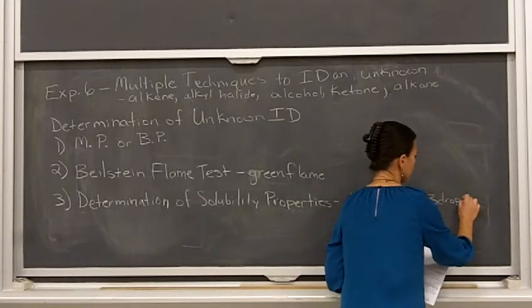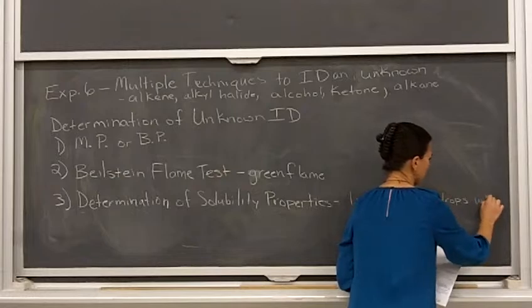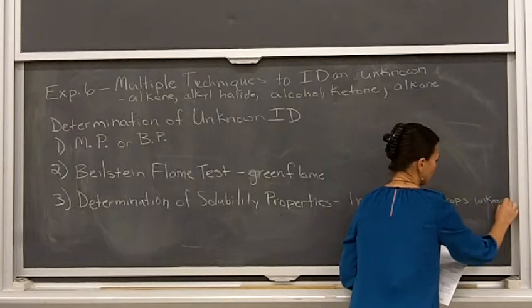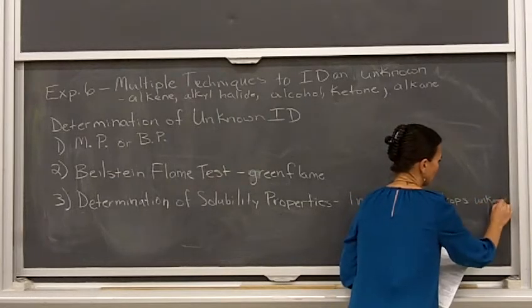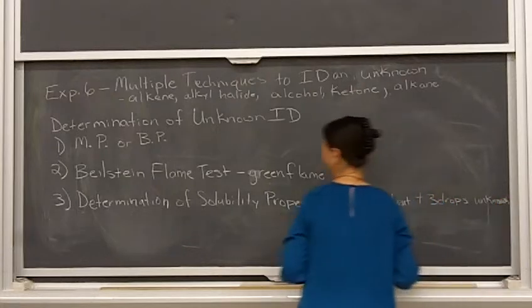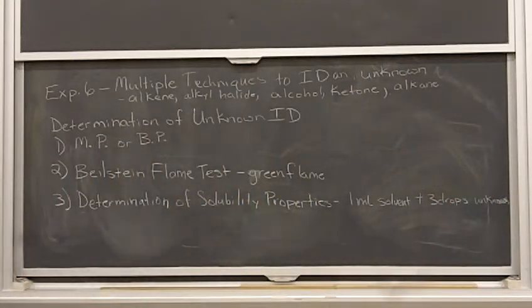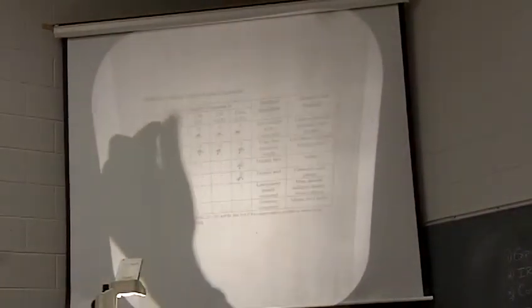You don't want to use any more than that, because otherwise we're just making unneeded waste, okay? And in your lab manual is a table for the solubility test. You want to follow that table, okay? So you want to do these tests in order of the table, starting with water.